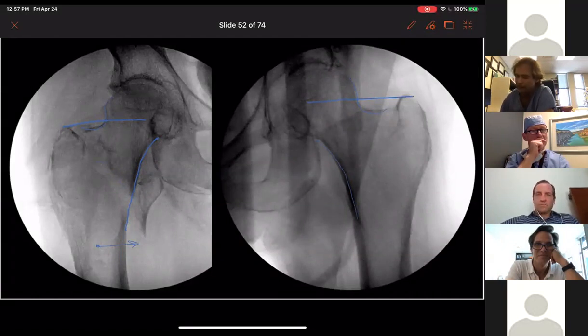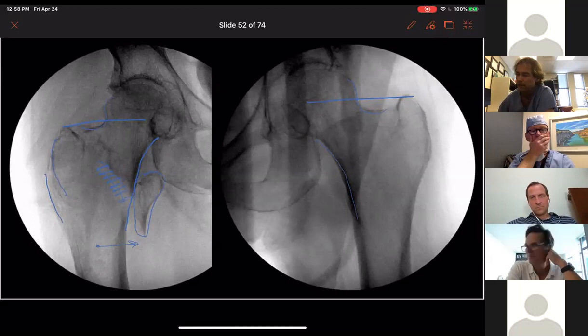I saw this gap too as a problem, but I figured that it was either partly rotational or partly secondary to the fact the posterior medial buttress is on this lesser trochanteric fragment, and so that's not there anyway. So I thought what I really needed to do was change that. Now, I may be wrong, but that's what I was thinking. So we tried rotation, and it didn't really work very well.